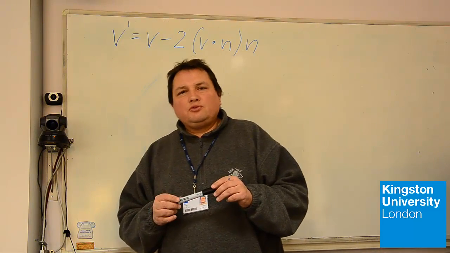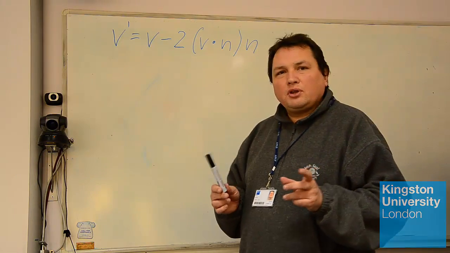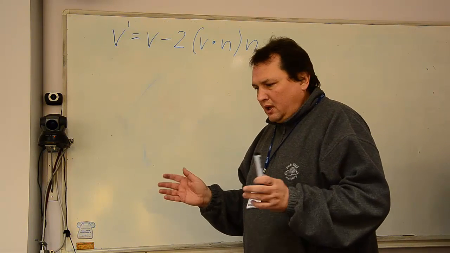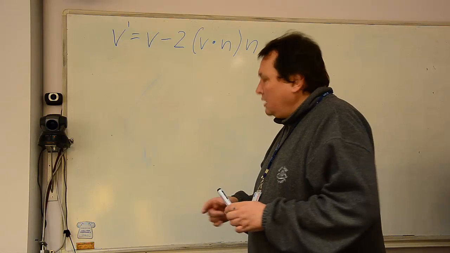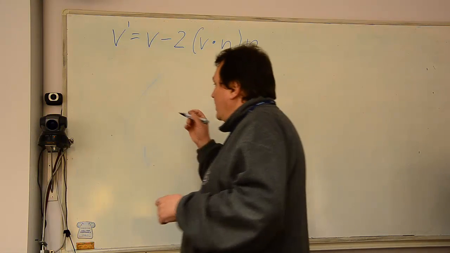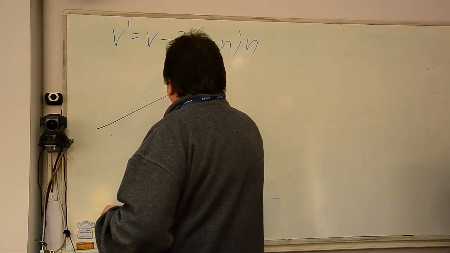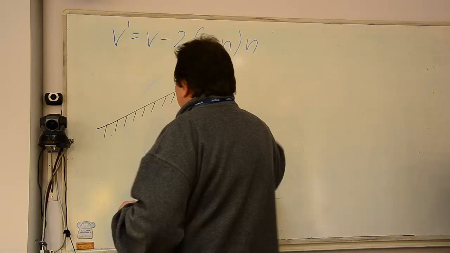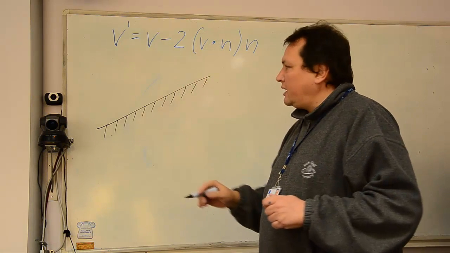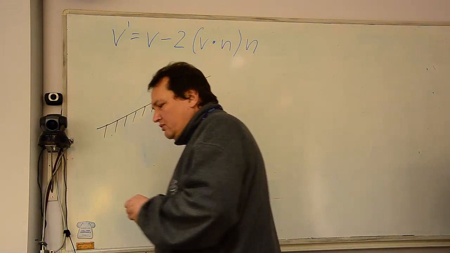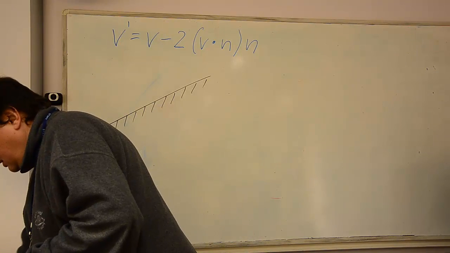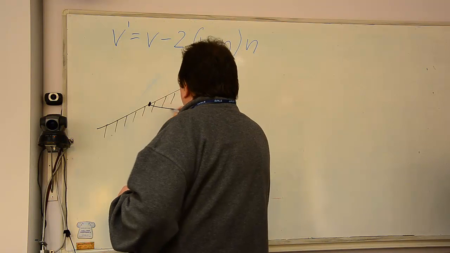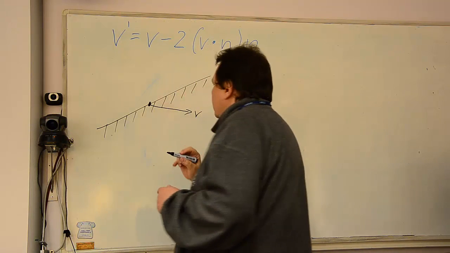This is the second part of the presentation about reflections and their use to model objects bouncing off any kind of obstacles. This time we'll look at a practical problem. There is a sloped surface, like an obstacle, and we have an object hitting this surface at this position with some velocity v.